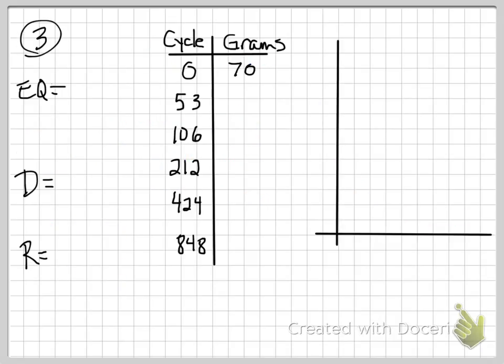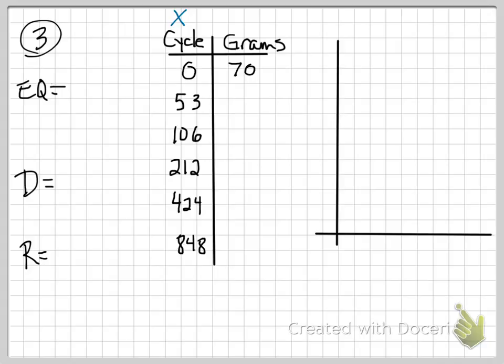Number 3. We have 70 grams of radium stored and the half-life compounded is 53 years. So in the x column, we're counting by increments of 53. Each one gets to the next number. We're going to see what happens at 848 years from now.